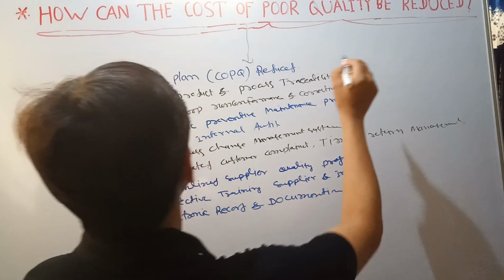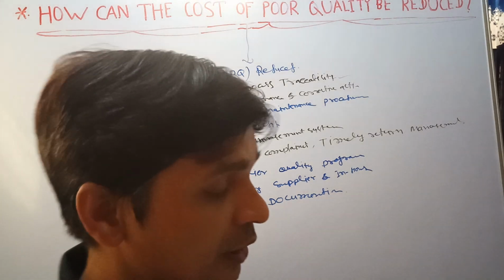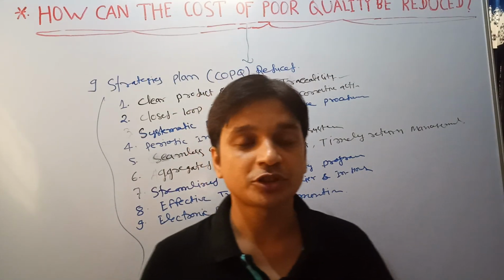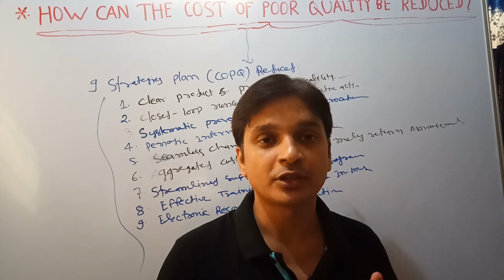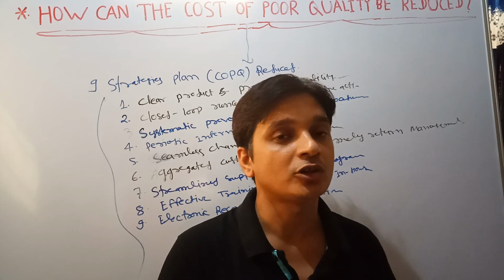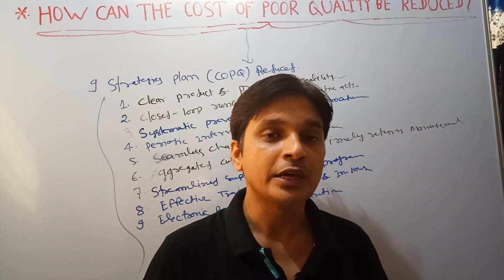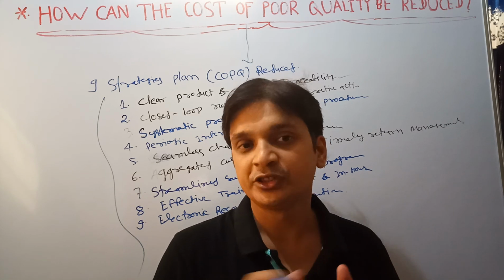So first, let's discuss clear product and process traceability. On the basis of clear product and process traceability, you shorten the time for finding the root cause of the problem, and you can easily find the origin of the problem.